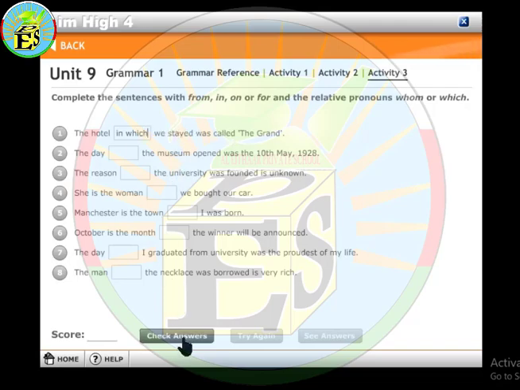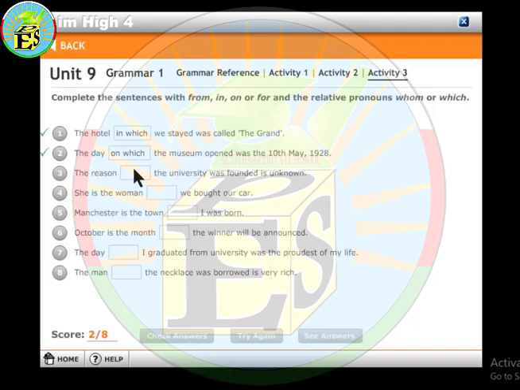Check. Number 2. The day space the museum opened was the 10th of May 1928. The day on which. Check. The reason space the university was founded is unknown.